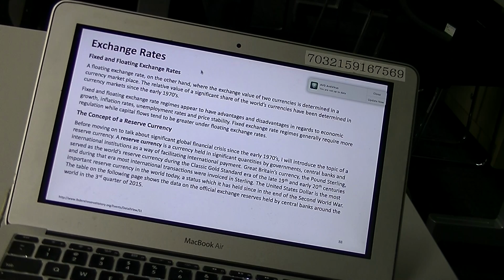So countries' central banks or governments had to have holdings in pound sterling. After World War I, and especially after World War II, the United States became the world's most important reserve currency, which it's had since the end of the Second World War. It's been the dominant currency in terms of reserve status in the world.